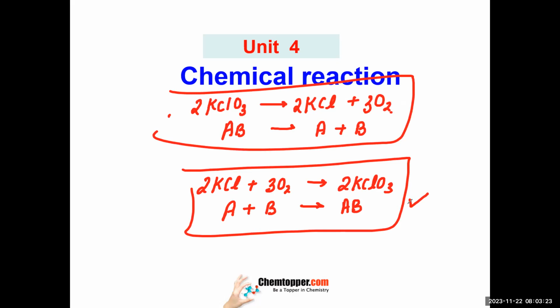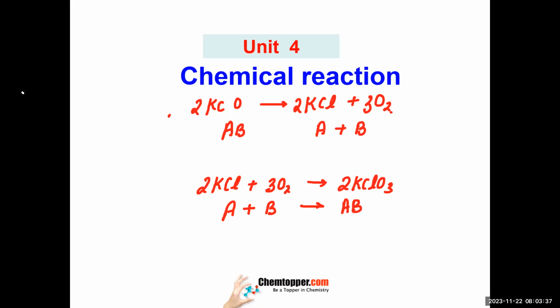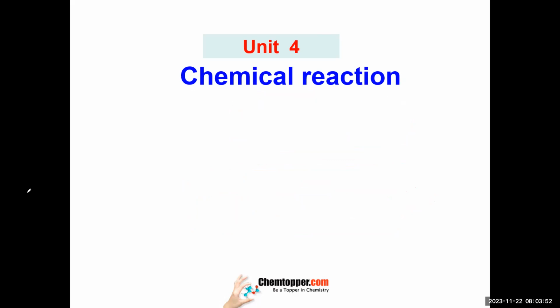But do you think this falls in some other category also? What can be the other category for this one? Yeah, combustion. The second reaction is also a combustion reaction, burning in the presence of O2. So this is the brief introduction of three types of reactions. Decomposition was a very popular reaction earlier, but in the last many exams, I have observed that they are not asking the name of the type of the reaction.